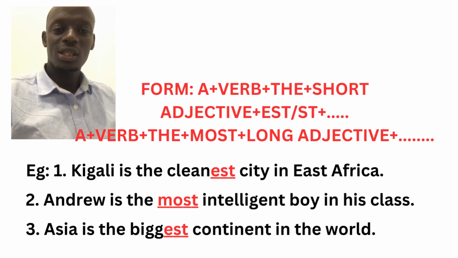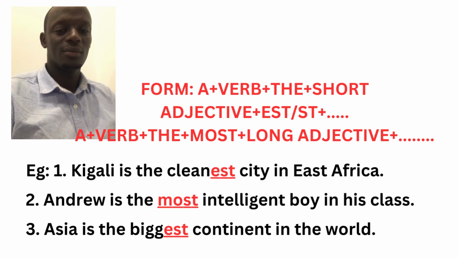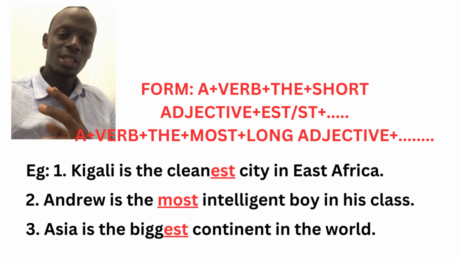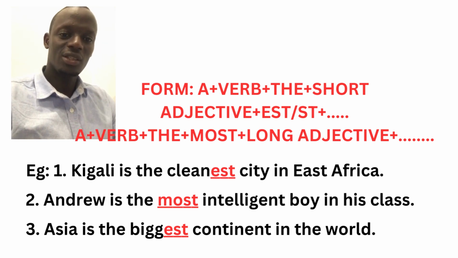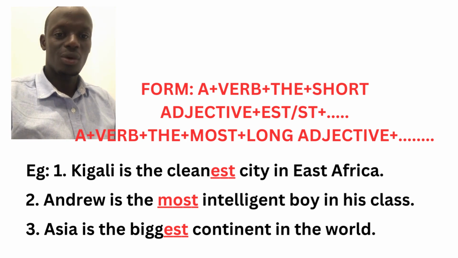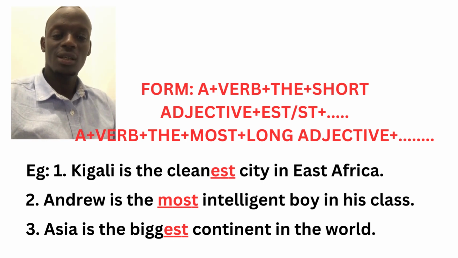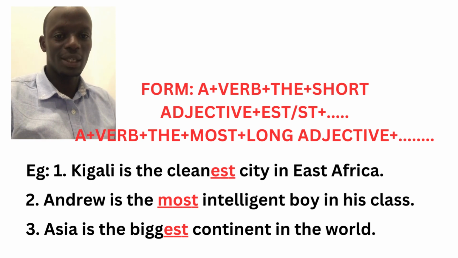So among other cities we have in East Africa, which are many, Kigali is the cleanest one. You see, we are comparing Kigali city with some other cities in East Africa. This is why we are using superlative form. And because the adjective clean is made up of a single syllable, this is why we add est only.